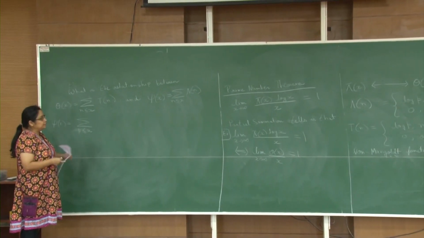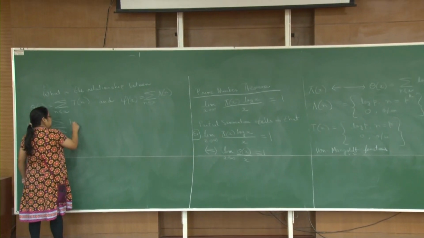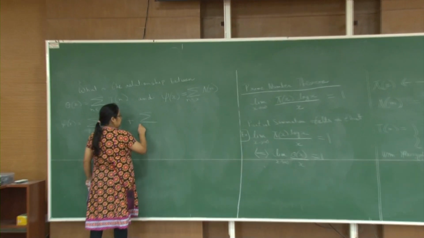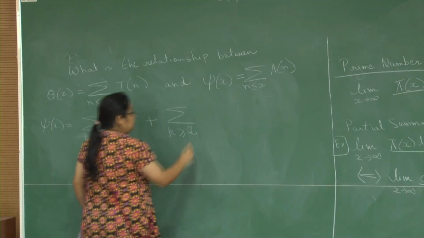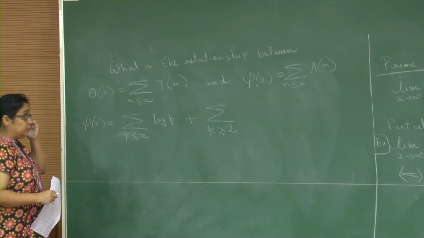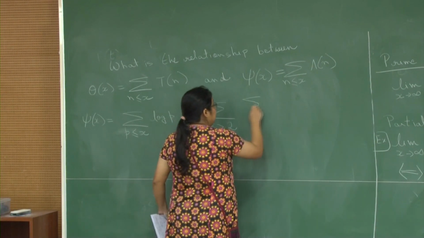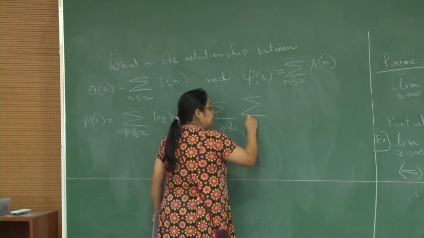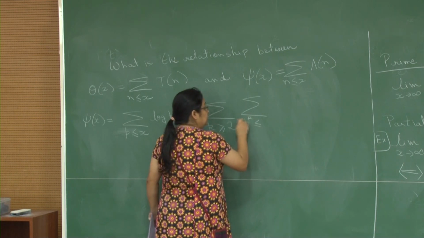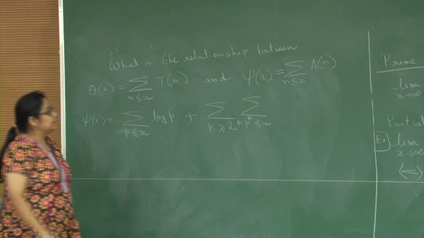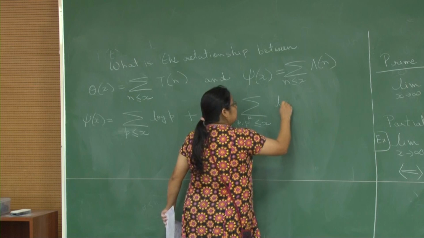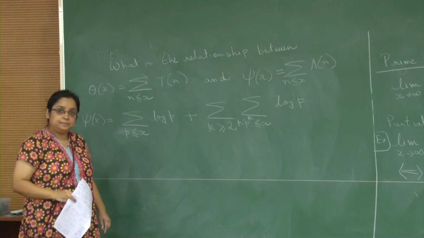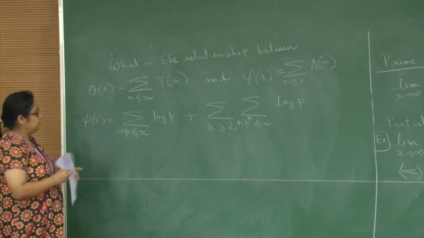One is just going over primes, log p, plus the other sum: first you run over all k greater than or equal to 2, and then for each such k you run over all those primes p such that p raised to the k is less than or equal to x, and for each such case you just pick up log p. So, this is your original function theta of x.